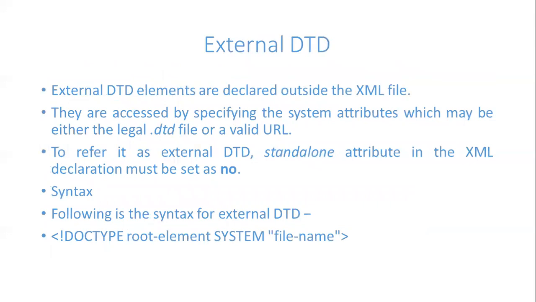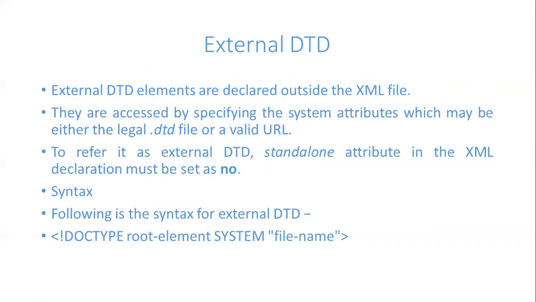Similarly, we have an external document type definition, which is declared outside the XML file. Both perform the same task. To understand it in a better way, think of style specifications which are defined within the document and outside the document, within the HTML and outside the HTML.